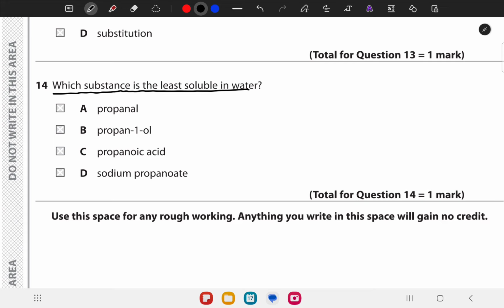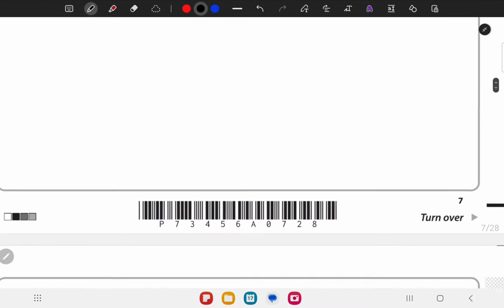Propanoic acid will be slightly soluble since it's partially dissociated, and the hydrogen in the COOH can form hydrogen bonds with water. Same in the case of propanol, the OH group in the alcohol can form hydrogen bonds with water. Propane will be our answer.